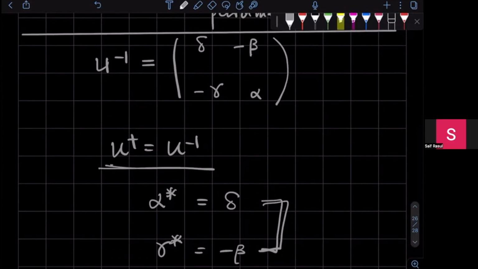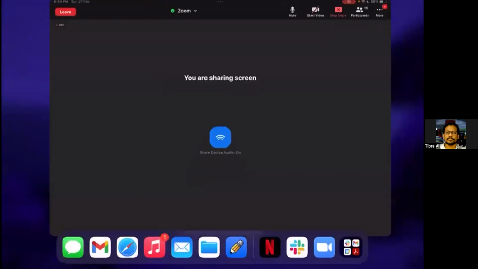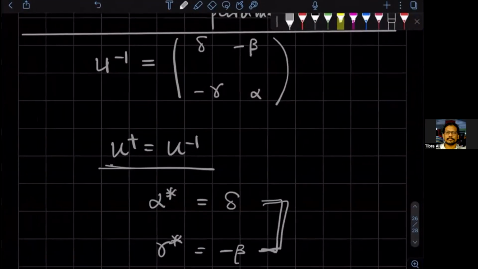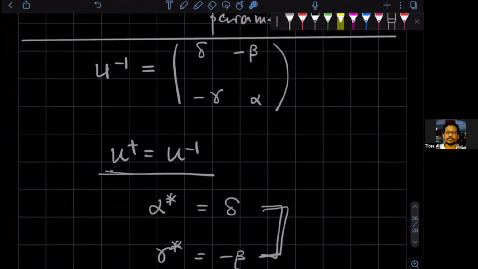So I am starting with U inverse. Using the formula for the inverse of a matrix, I can write U inverse in this way. Do you understand where this formula came from?